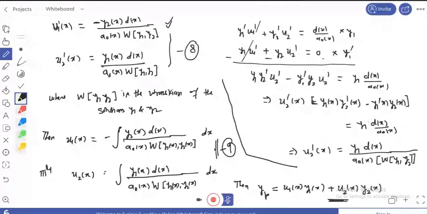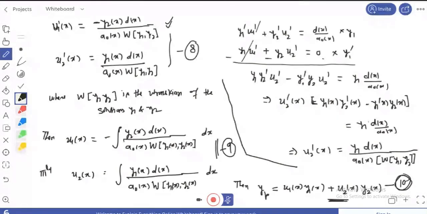From equation 9 you can find equation 10. So by this method you can easily find the particular integral of any non-homogeneous differential equation, here considering a second order differential equation.